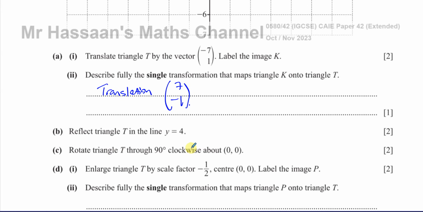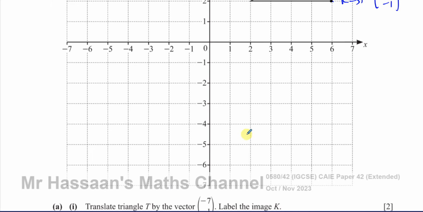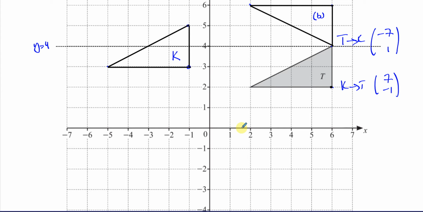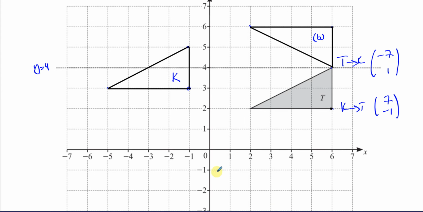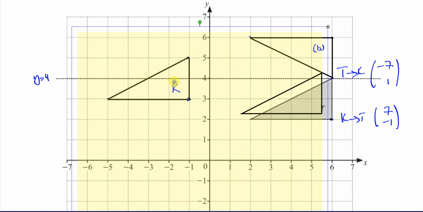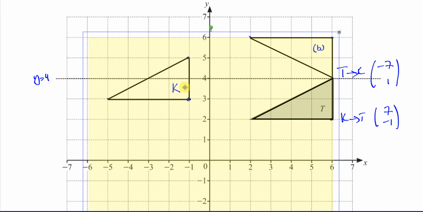Then it says rotate triangle T through 90 degrees clockwise about the origin. Now to do that, a nice easy way of dealing with it would be using tracing paper, which I have prepared. Let's place it over the shape, and we trace T on top of the tracing paper.